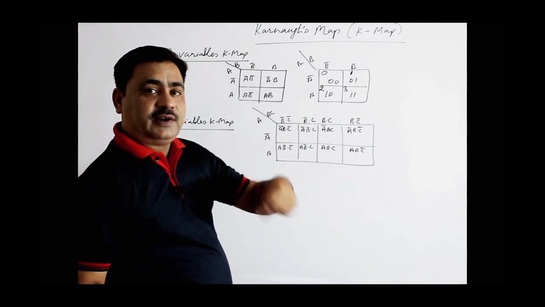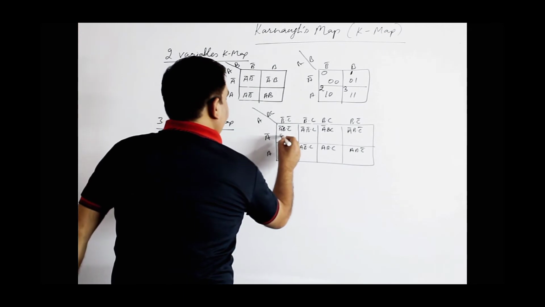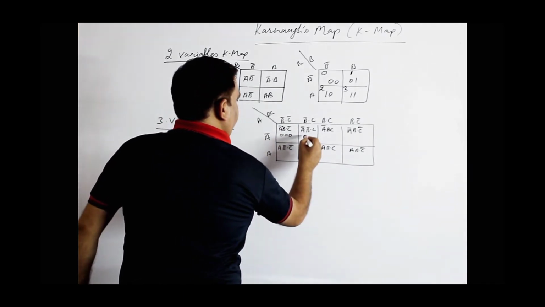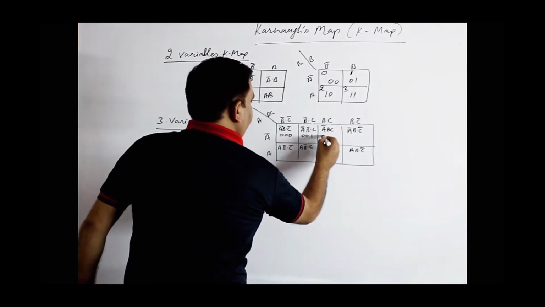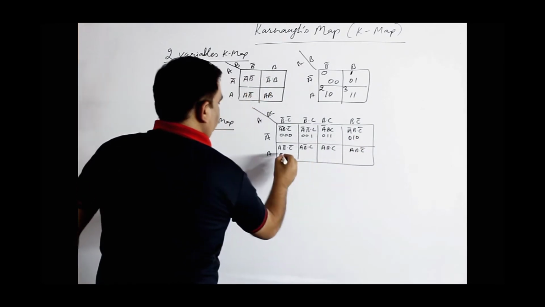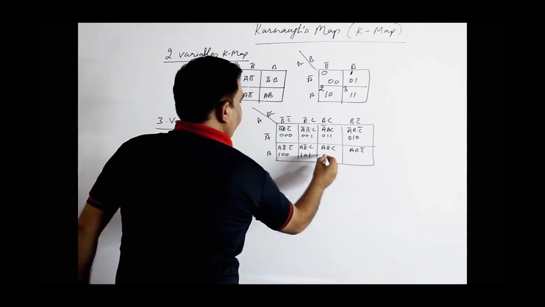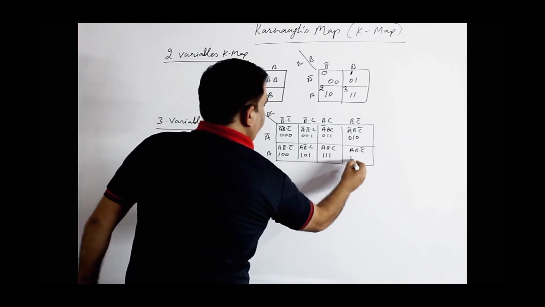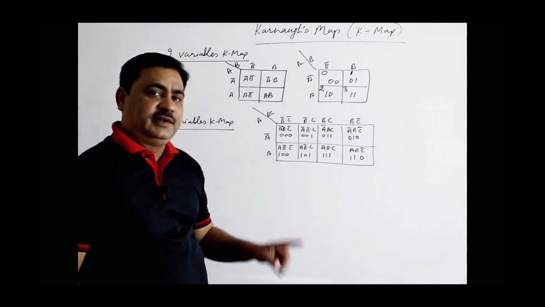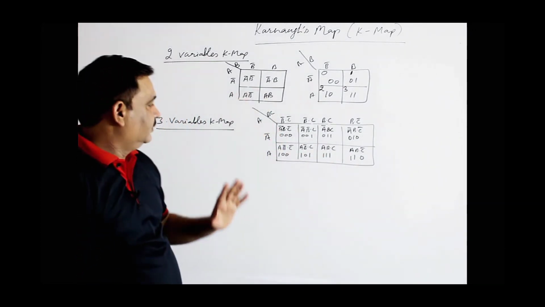Now find out the designations. All three are complemented, so you can write 0 0 0, 0 0 1, 0 1 1, 0 1 0, 1 0 0, 1 0 1, 1 1 1, 1 1 0. Wherever there is a complement, write 0, uncomplement, write 1.